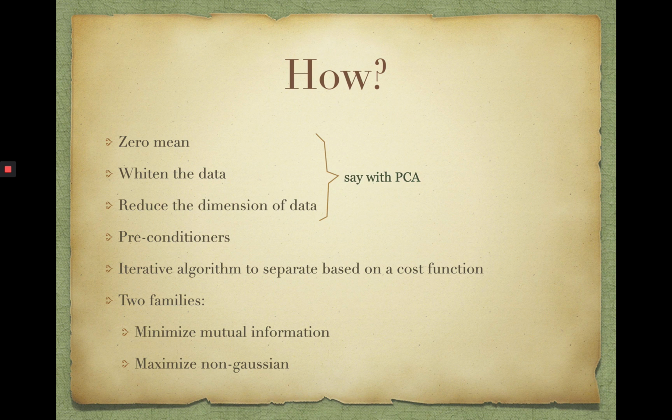And we do this iteratively. We take a guess. We think these are our 30 speakers. And then we see, was that correct or not? Is there a lot of mutual information? And then we try to move in a direction that will minimize the mutual information or maximize how non-Gaussian they are. We change them a little, we test again.